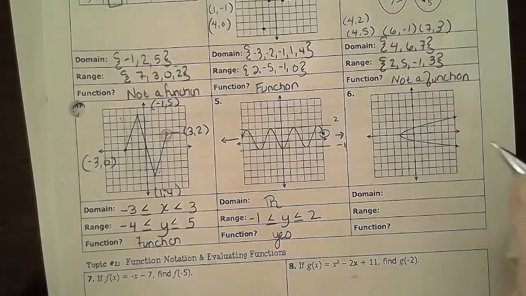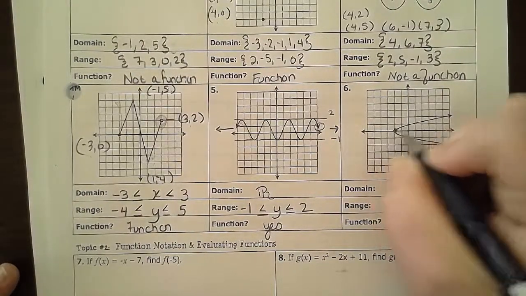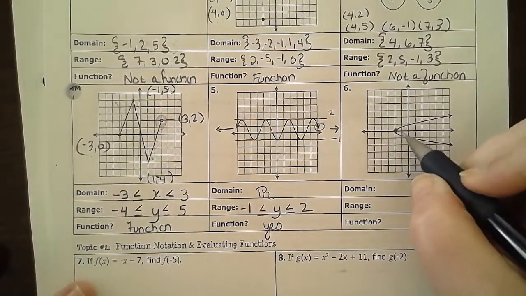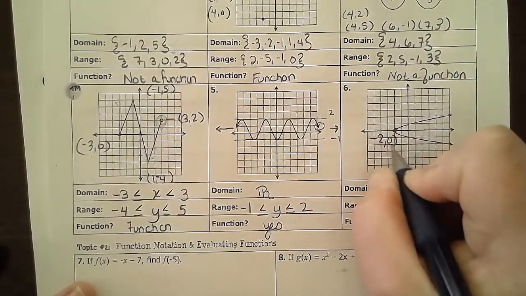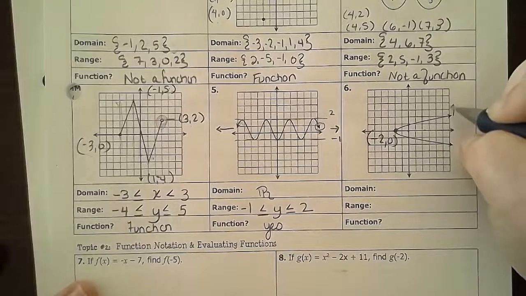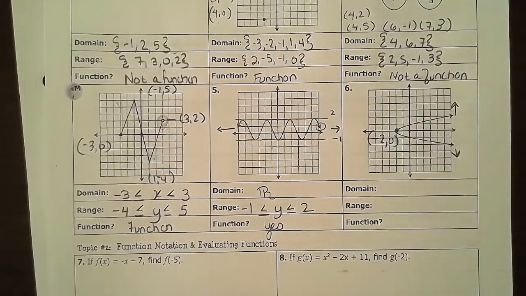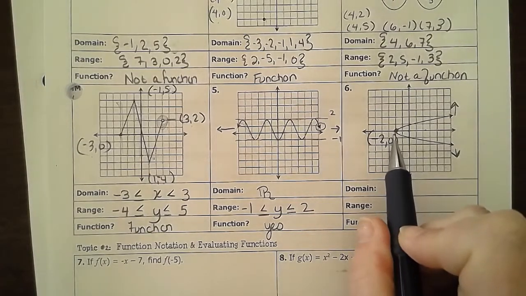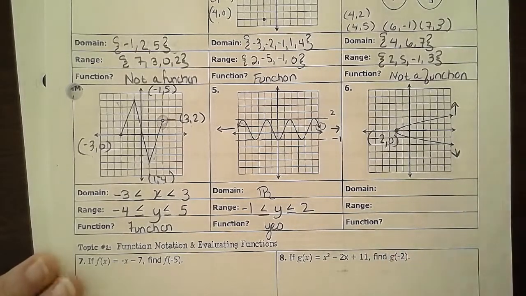Now this one right here, let's look at this one. This one, we have an x value of -2, 0, right? Now these tell us that our y values are going to keep going up and down. We have a definite start, and it doesn't appear to end for the x values.